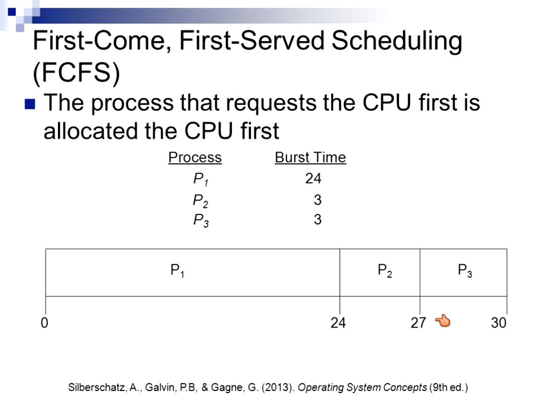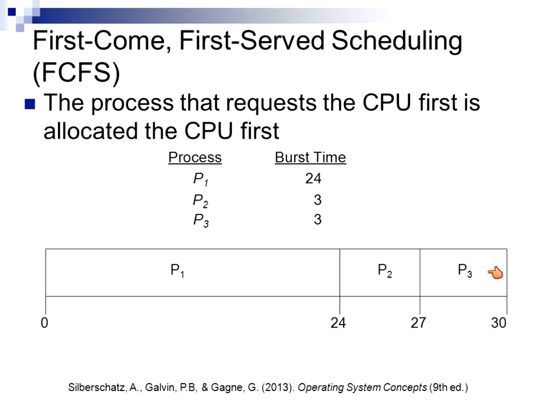So the average wait time is the amount of time process 1 waited, plus the amount of time process 2 waited, plus the amount of time process 3 waited, and then we divide that by 3.